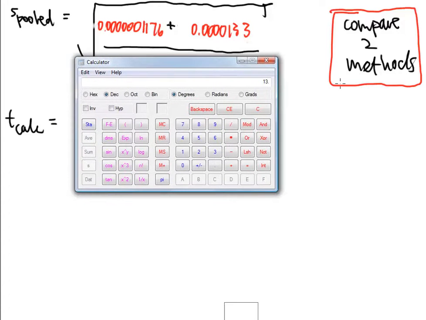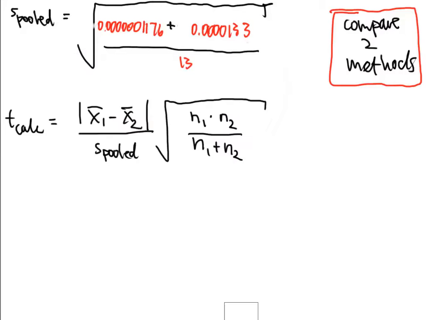We're going to take the top part, 0.000001176, plus 0.0001 33, and I hit enter. And here I get 4 zeros and a 134. All right, so 4 zeros and a 134. So let's erase all of this now because that's just what I did. I took those two numbers and added them together.